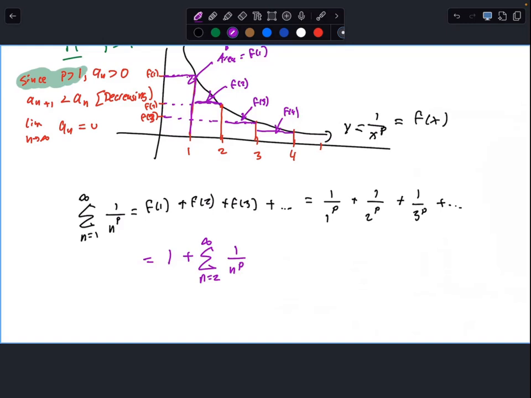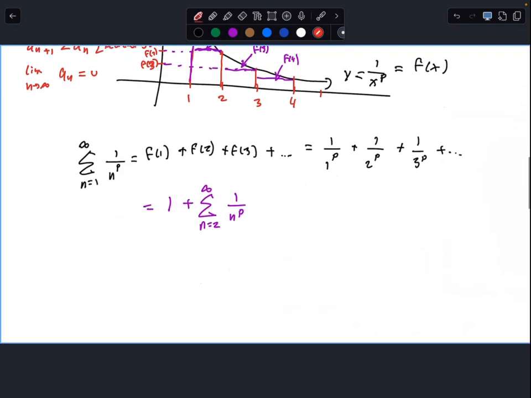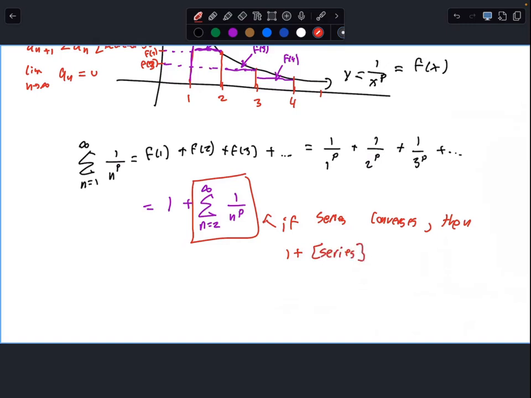So what's important here is that if this series converges, then 1 plus the series converges. If you have something that converges and you add a constant, you still get something that's convergent.